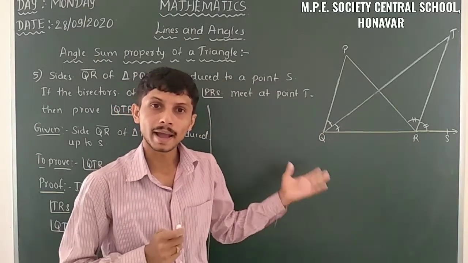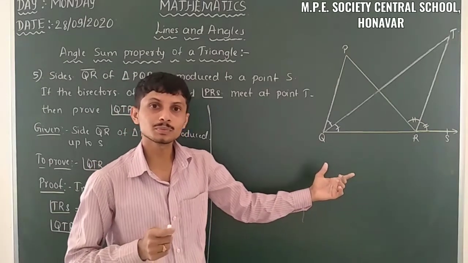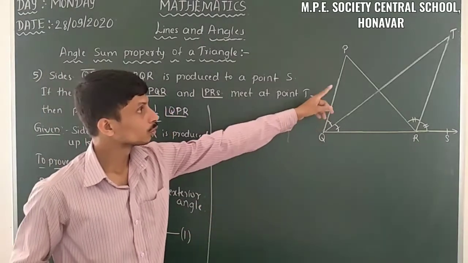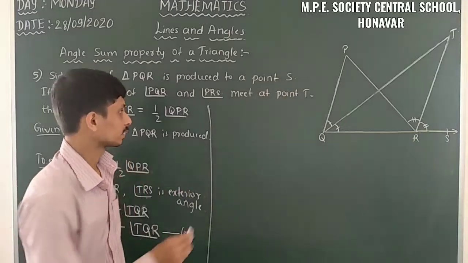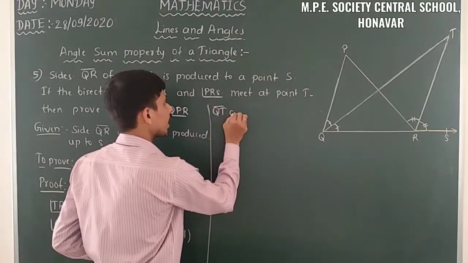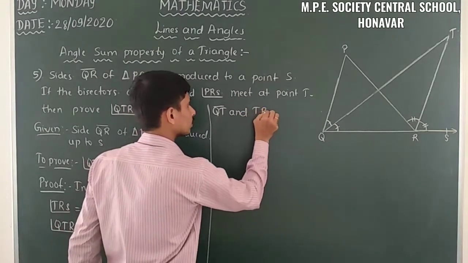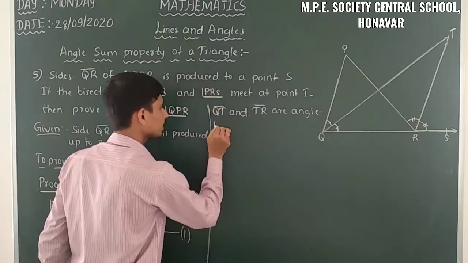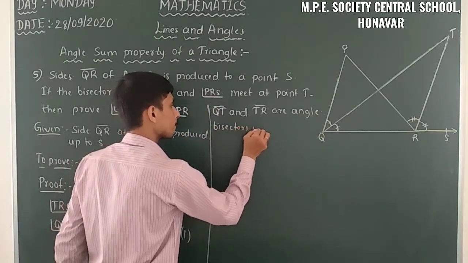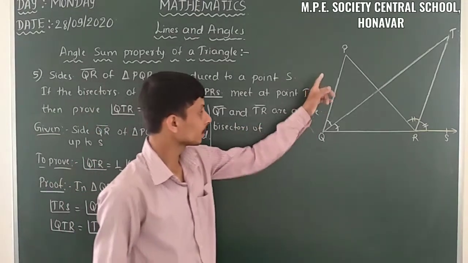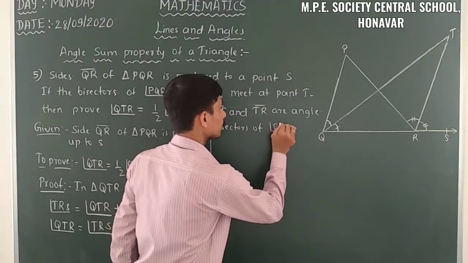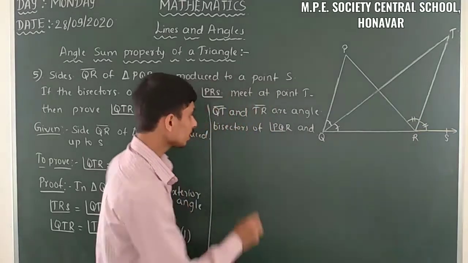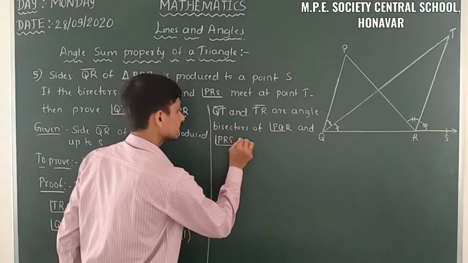So let us take angle bisectors and take the relationship between the complete angle and the bisected angles. QT and TR are angle bisectors of angle PQR and angle PRS respectively.